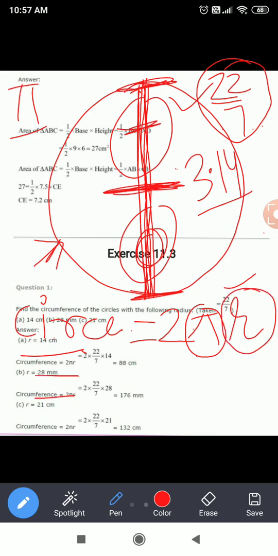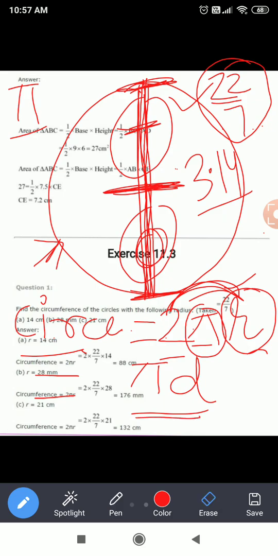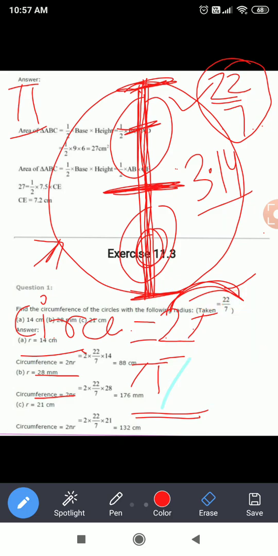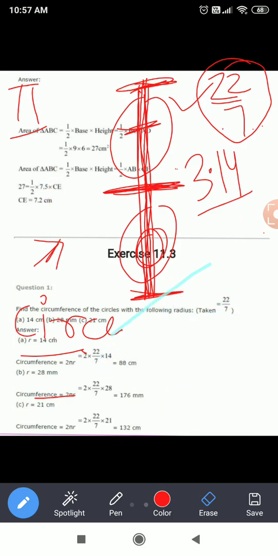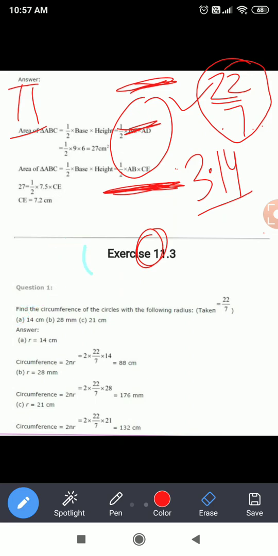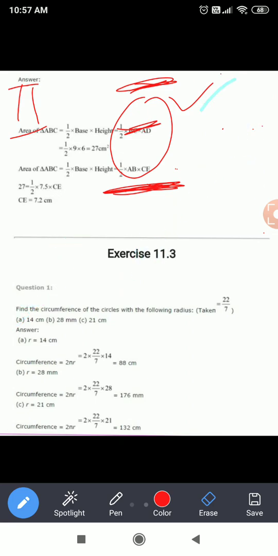But if we are given the diameter, diameter is 2r, so pi will be the same and we replace 2r with the diameter: pi d. So in case of diameter, the circumference, or perimeter of the circle, will be pi multiplied by diameter. So this was the introduction of circles.